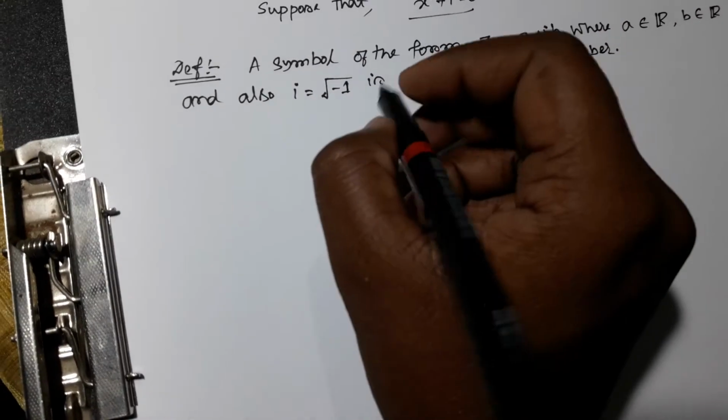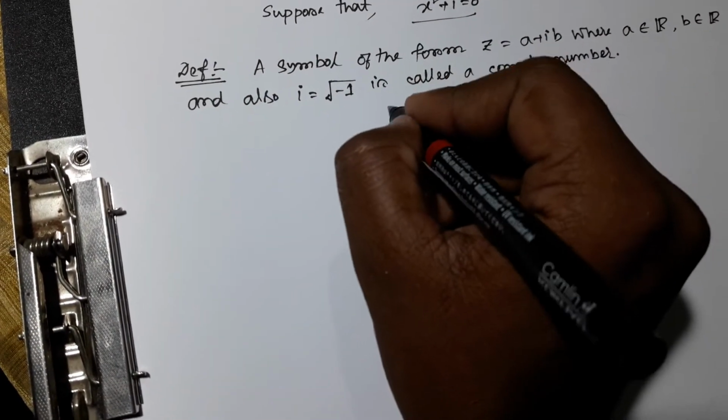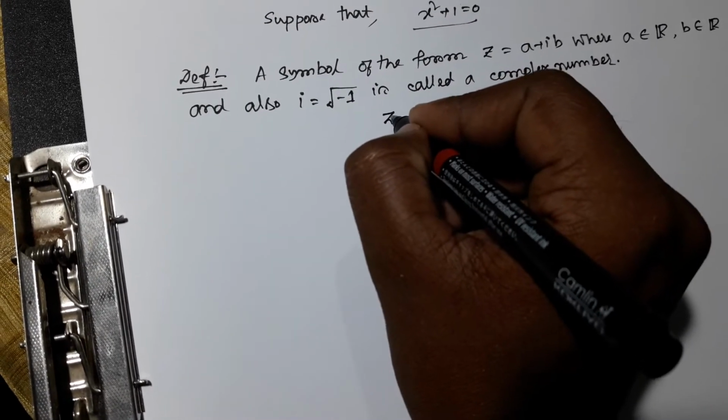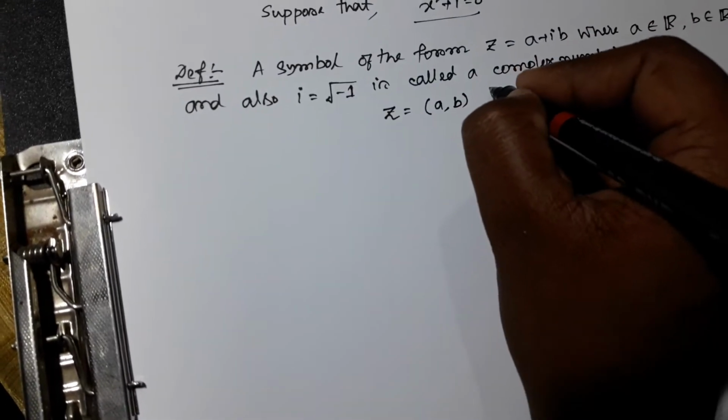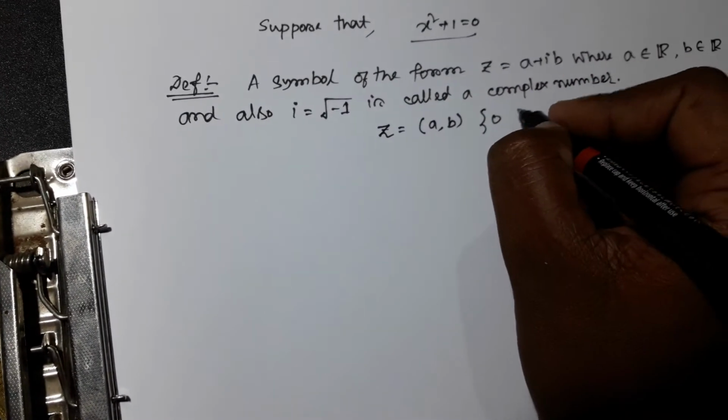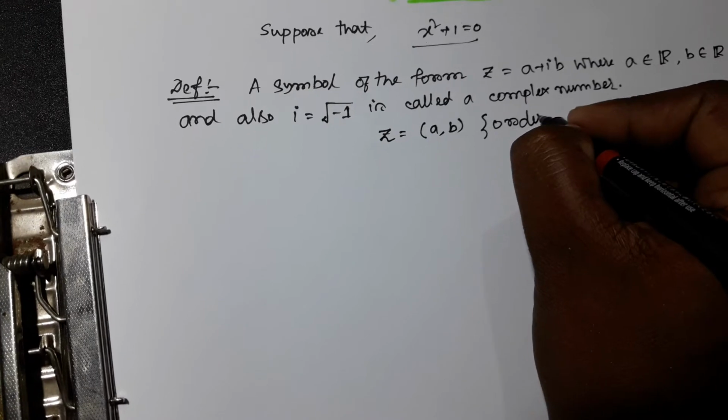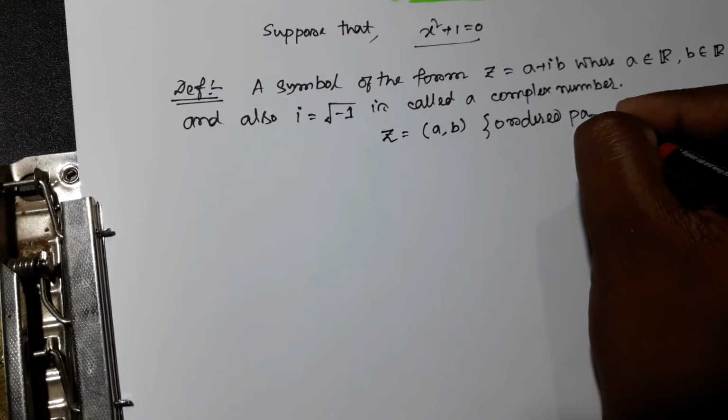We can also denote this by Z equals to first bracket, that is an ordered pair.